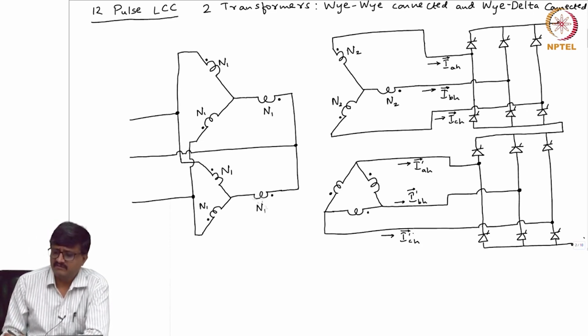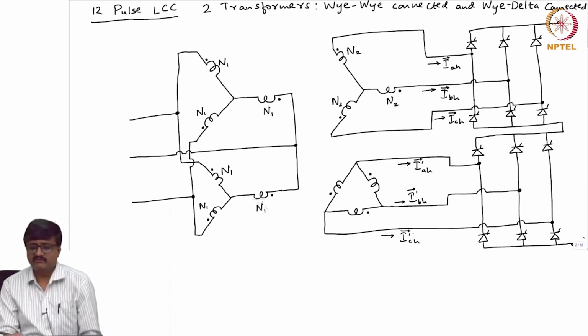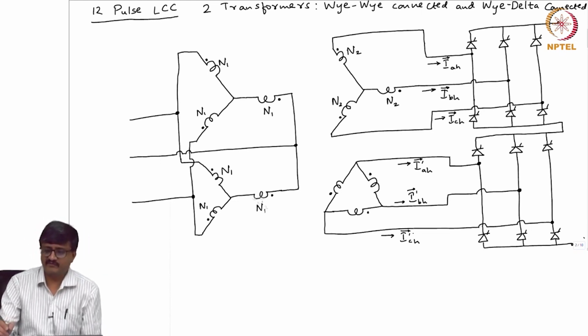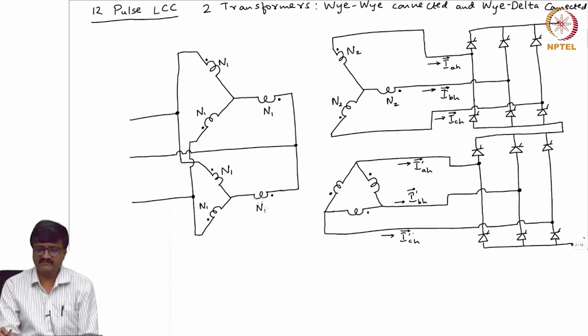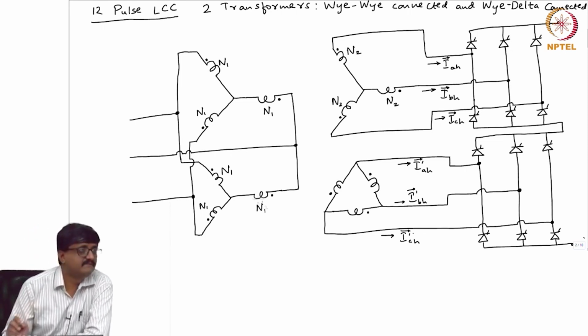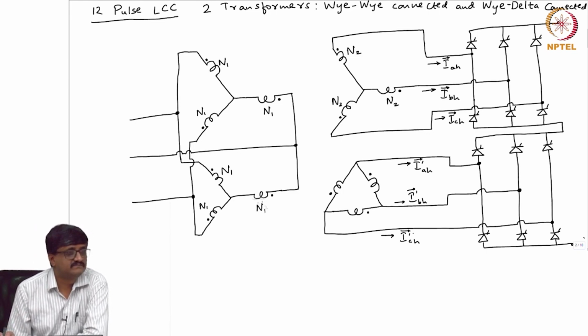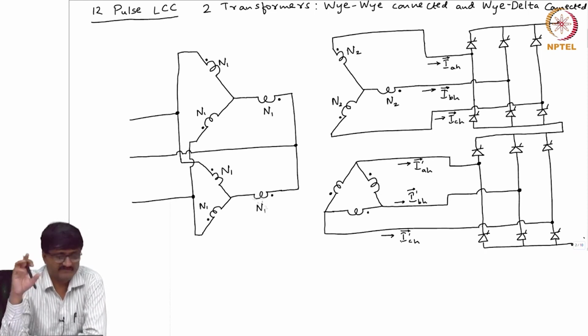Now, there are a few more things that are left out here. I did not say what is the number of turns in the delta side winding. What should be the number of turns? Root 3 into y. Yeah, the line to line voltage which is applied to the AC side terminals of the 6 pulse for both should be same.